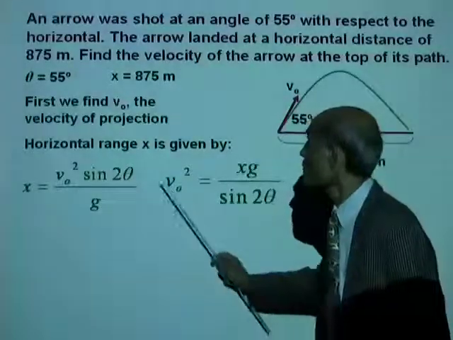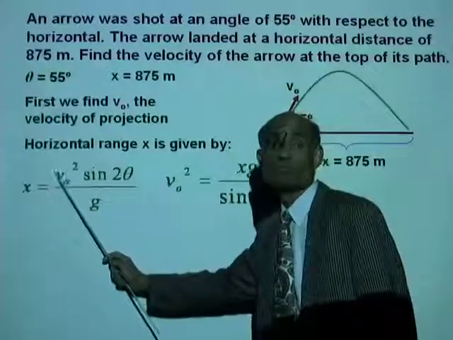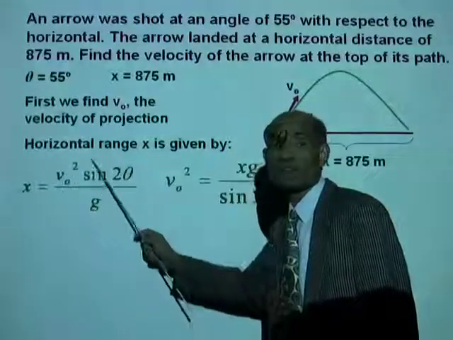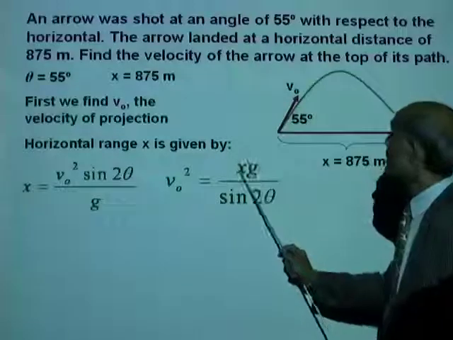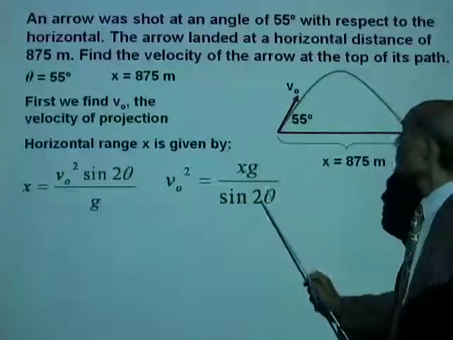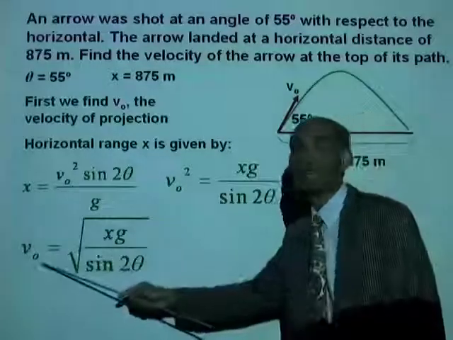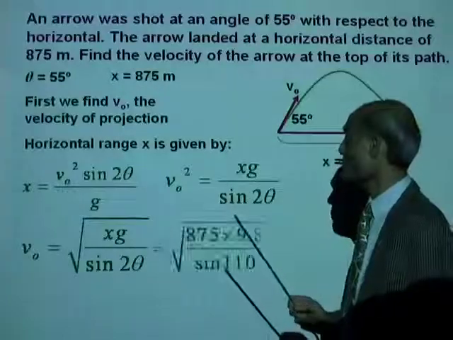So, solve for V0 squared. V0 squared equal to x times G divided by sine of 2 theta. There you are. Now, x is known, G is known, theta is known. We use all those values and calculate V0 equal to square root of that quantity.